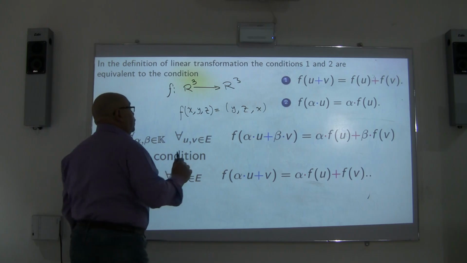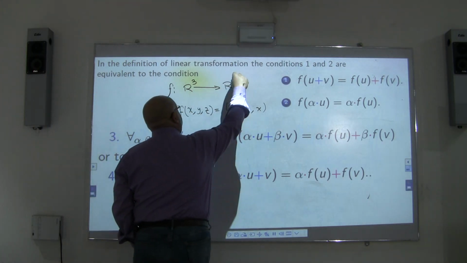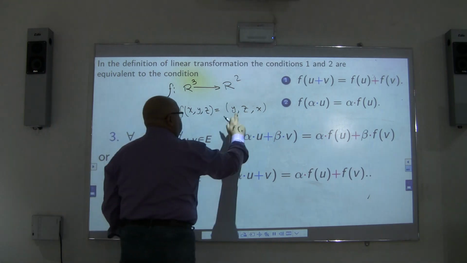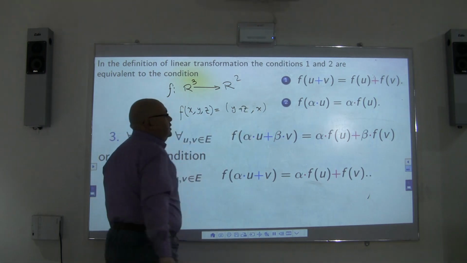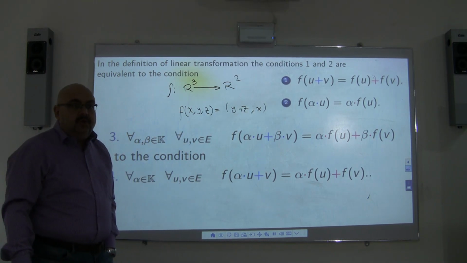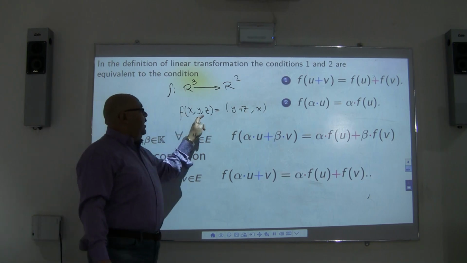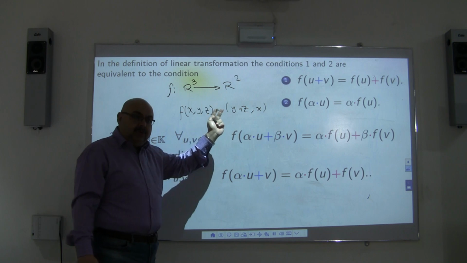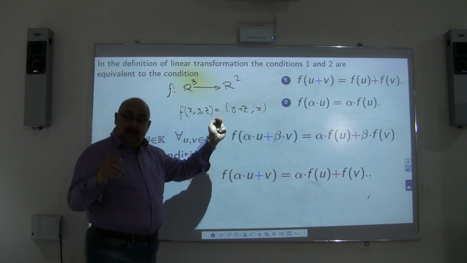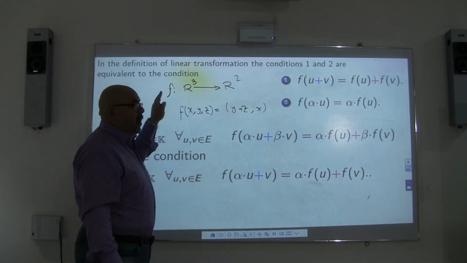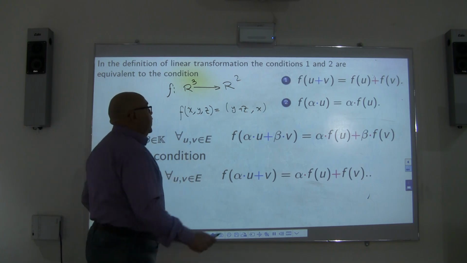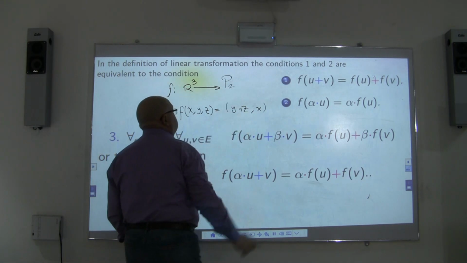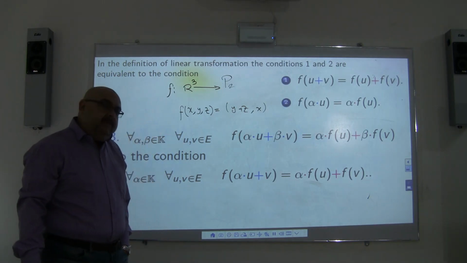Or I can map from R3 into R2. Simple. I can choose, for example, like this. So it's a mapping from x, y, and z into two components, from R3 into R2. Am I right? Also, I can map from R3, for example, into a polynomial of second degree, P2. How is it going to be mapped?